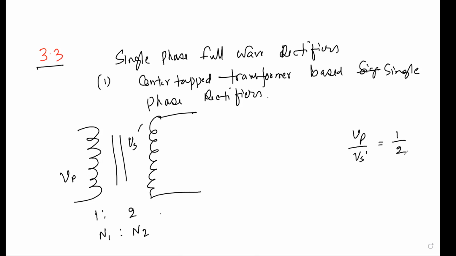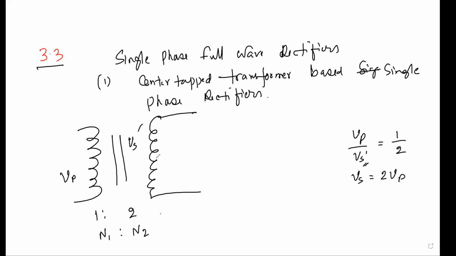Okay, so then your Vs will be double of your Vp, right? Yes, sir. And then Vs prime is a double of Vs.